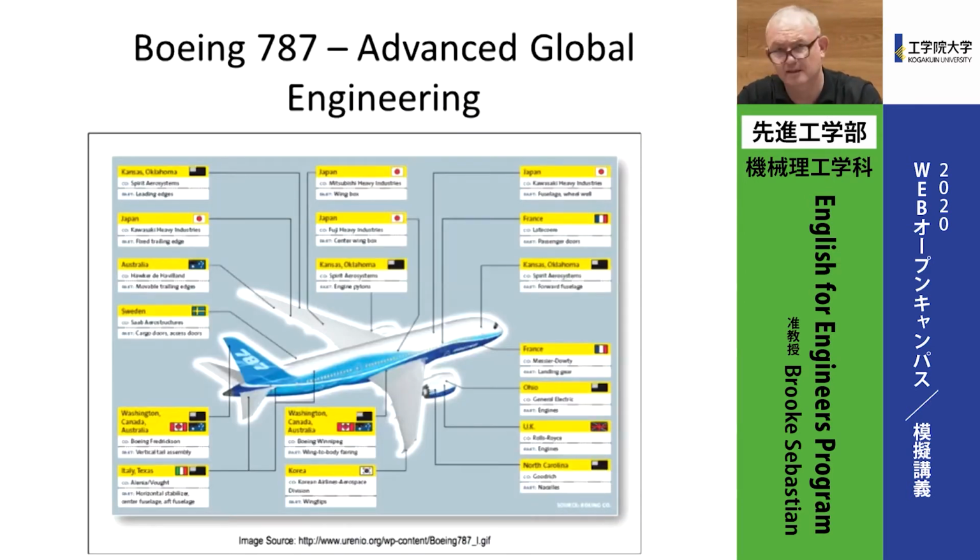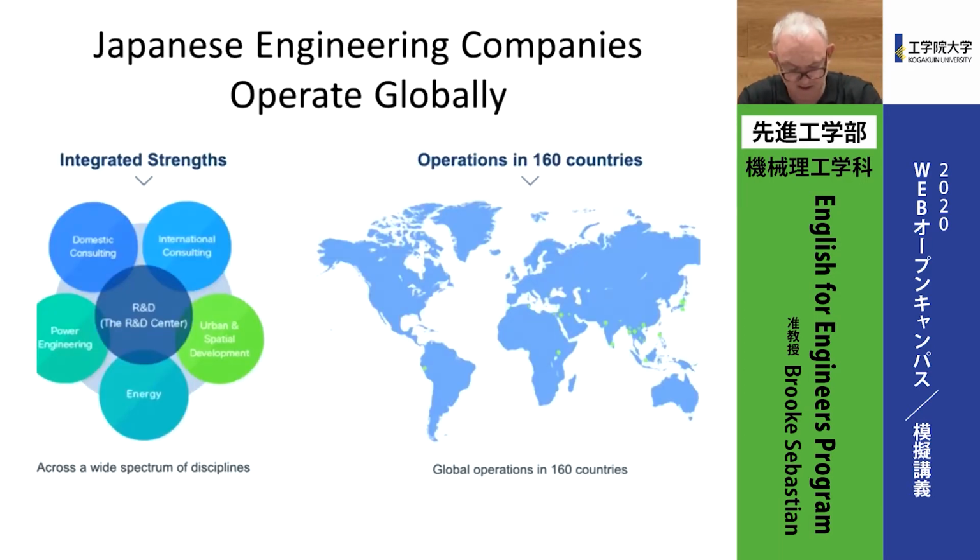As we can see here, a variety of countries around the world, cities and companies, all work together to create this one product, the Boeing 787. Now that's an international example, but Japanese companies are also operating globally, with some Japanese companies operating in more than 160 countries around the world.